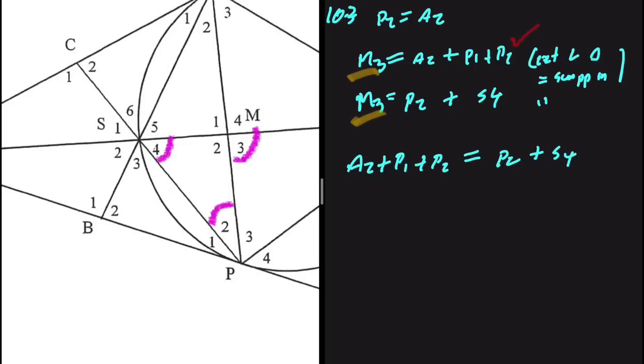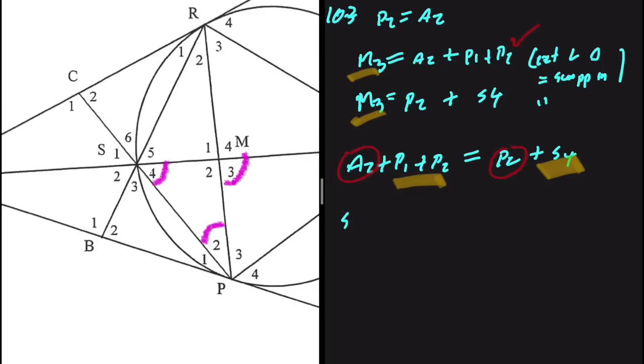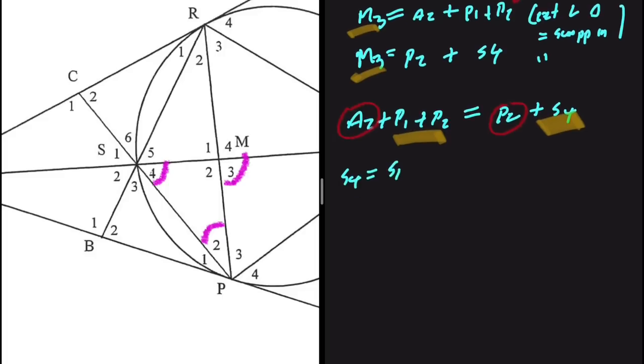So we want to prove that A2 is equal to P2. If we can find a way to show that P1 plus P2 is equal to S4, then A2 will be equal to P2. So that's what we essentially want to prove, right? So let's go ahead and try doing that. We already know that S4 is equal to S1, right? They are vertically opposite.